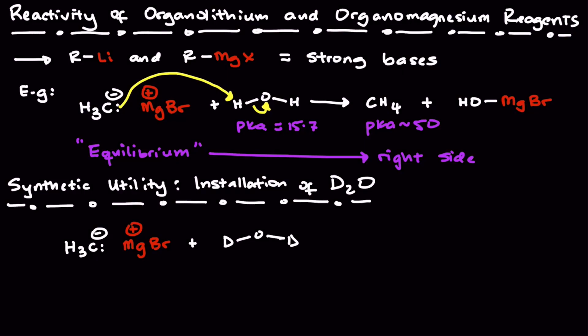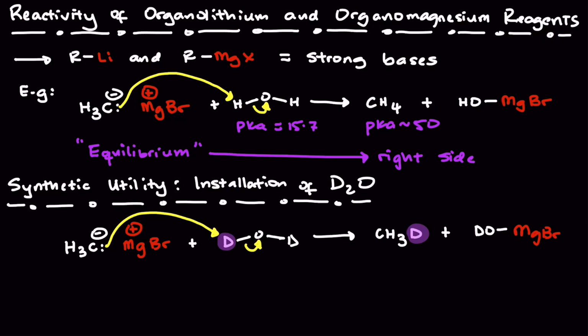Just like with water, your Grignard is going to deprotonate, or rather deuterate-abstract, your D2O, which functionally installs a deuterium on your methane. Okay? So Grignard reagents are very basic, and the same goes for organolithium compounds. The same reactivity we expect for organomagnesium, we should expect for organolithium as well.